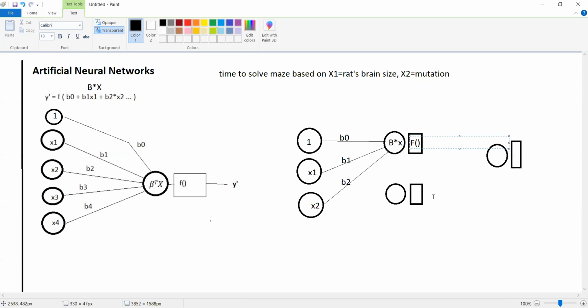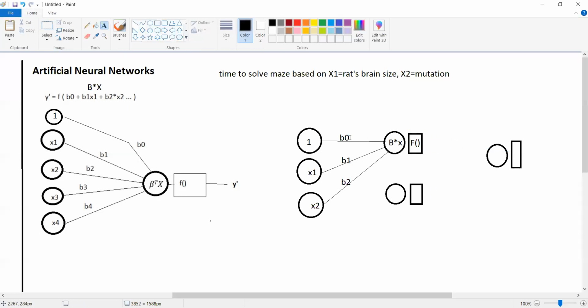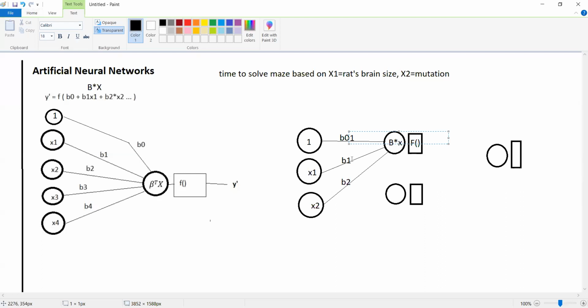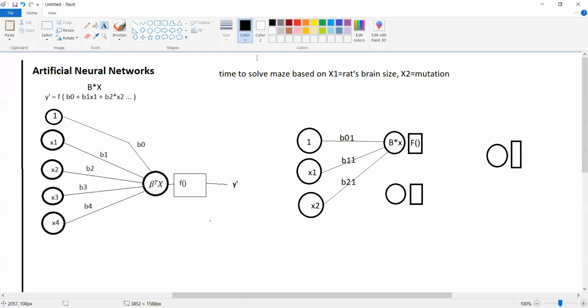Same as we did. However, we're going to name these weights beta 0,1, beta 1,1, and beta 2,1.